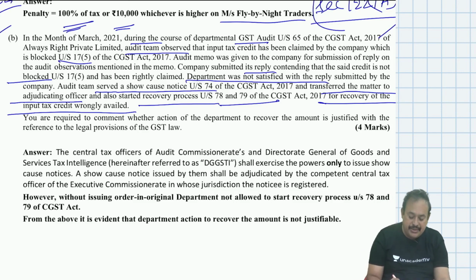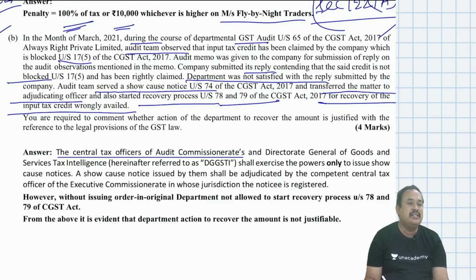So the answer here is: the Central Tax Officers of Audit Commissionerates and the Director General of Goods and Services Tax Intelligence, hereinafter referred to as DGGSTI, shall exercise the power only to issue show cause notices.